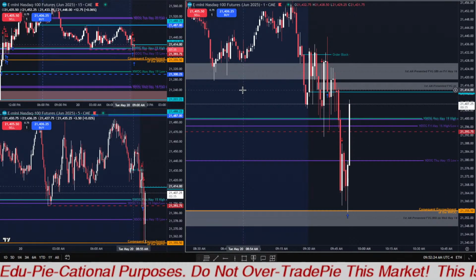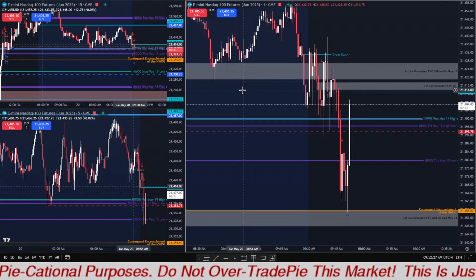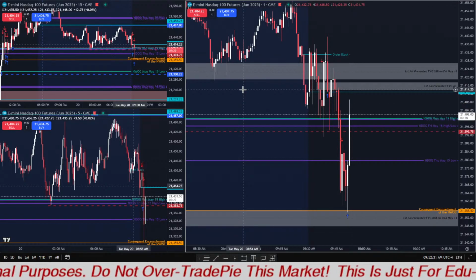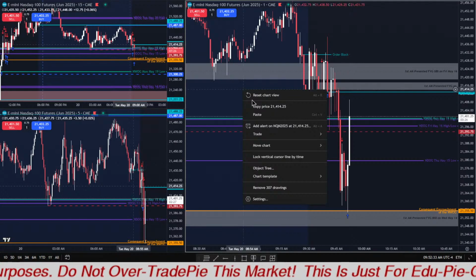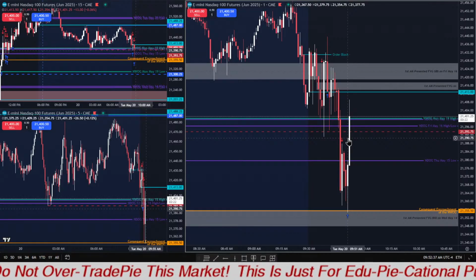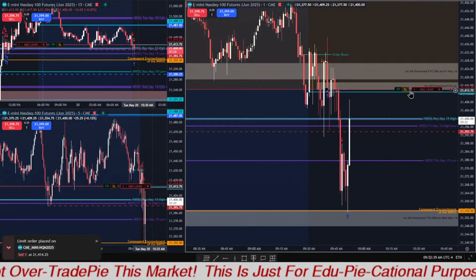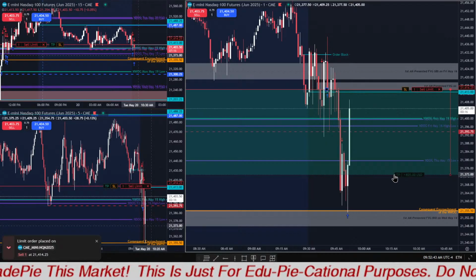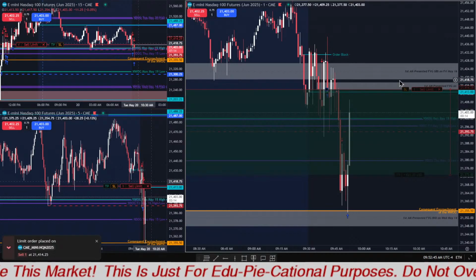Once again, we are trying to reach the first presented fair value gap over here, and I would like to set a position to sell on this first presented fair value gap to go lower.